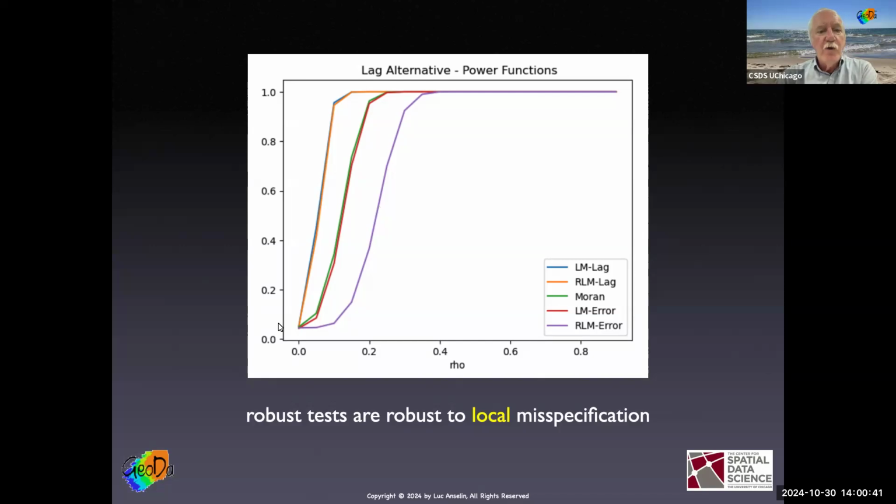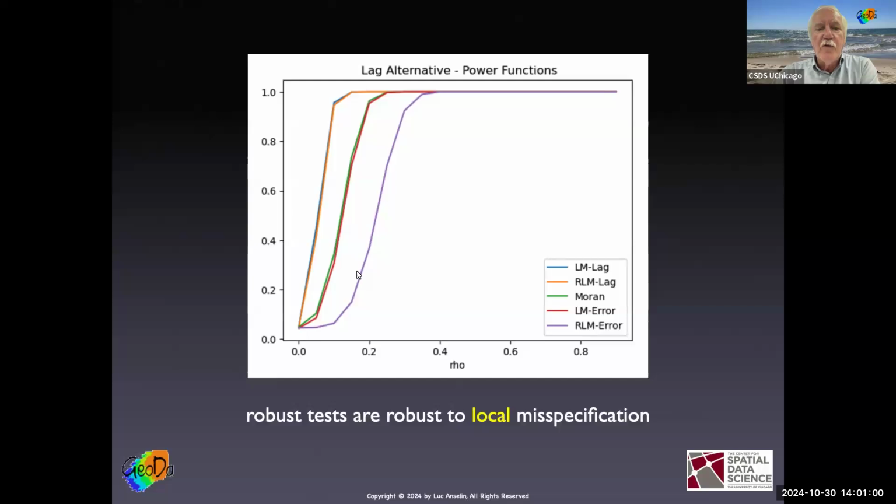And this one moves up much slower. Here, we're at 0.1, we're roughly already at 50% rejection, but we only reach 50% rejection with the robust form a little over 0.2. Right.